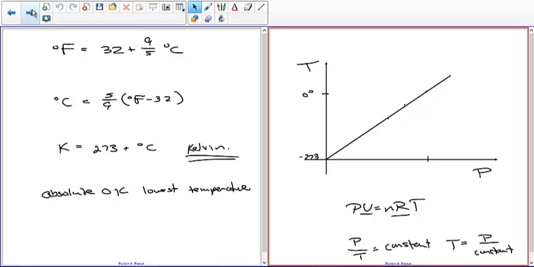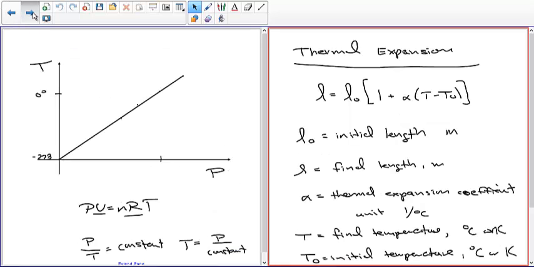As they plotted those points, they didn't get to absolute zero, but they extrapolated these data points, and predicted that when you got to zero pressure, you would get to negative 273 degrees C. And so they decided to set that as absolute zero on the temperature scale, assuming it was behaving as an ideal gas at that point.